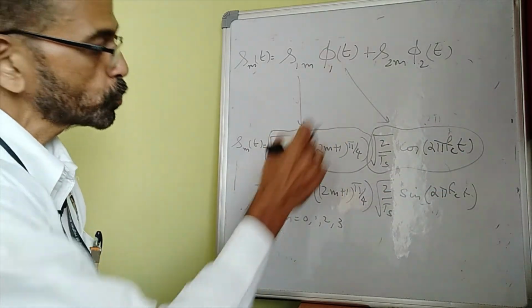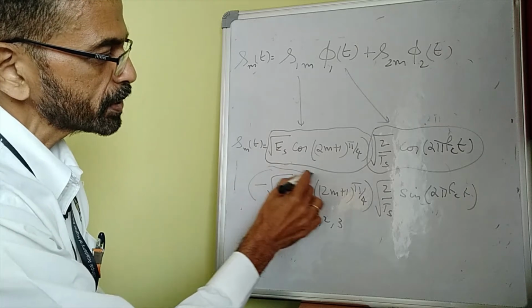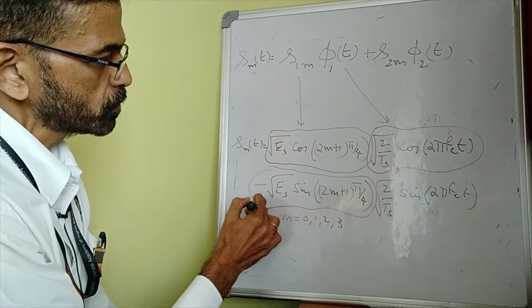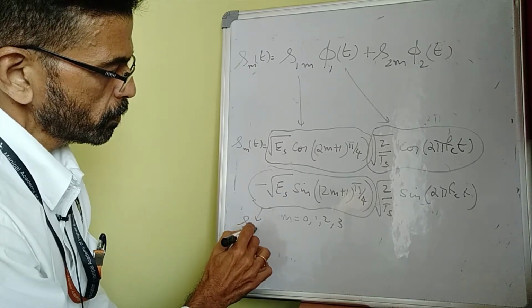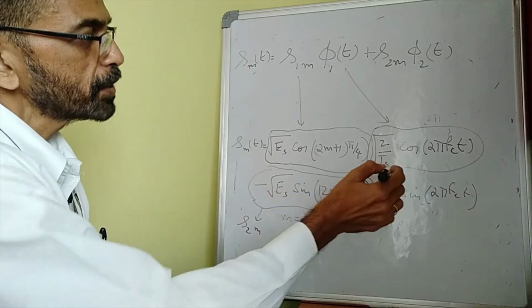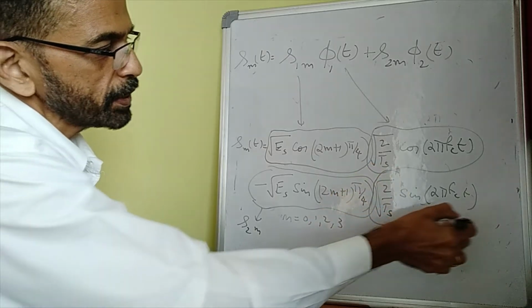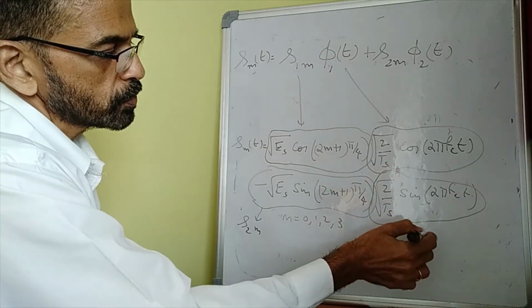Likewise, S2m is this along with the negative sign, so this becomes S2m including the negative sign, and phi2(t) is this.